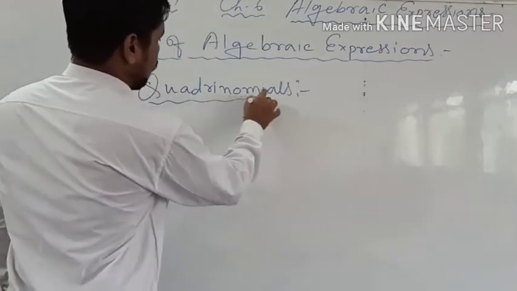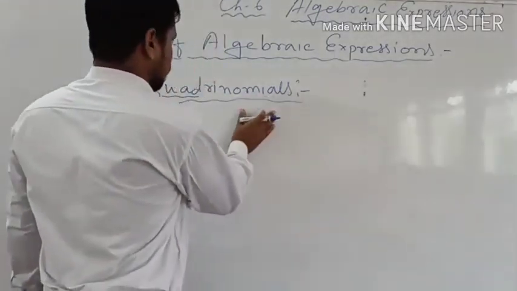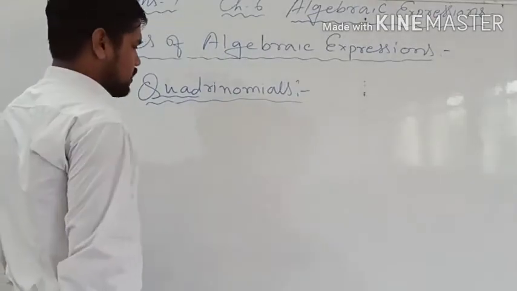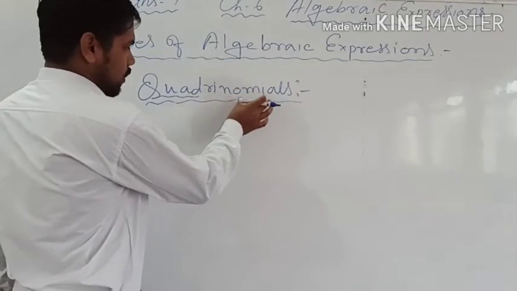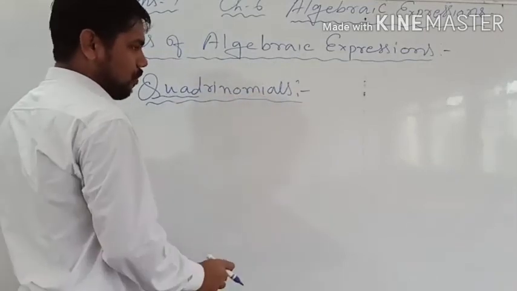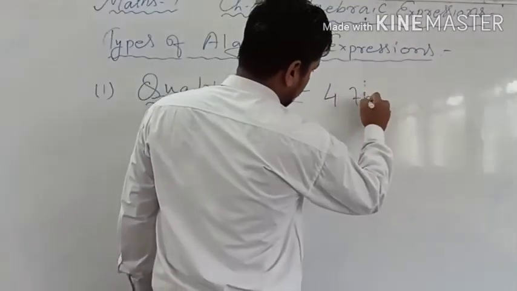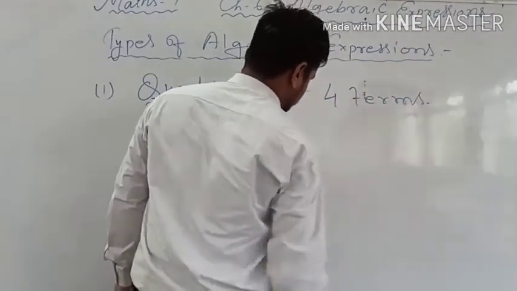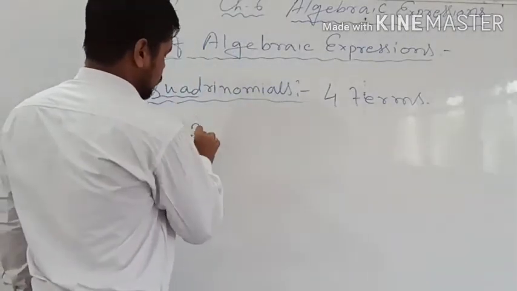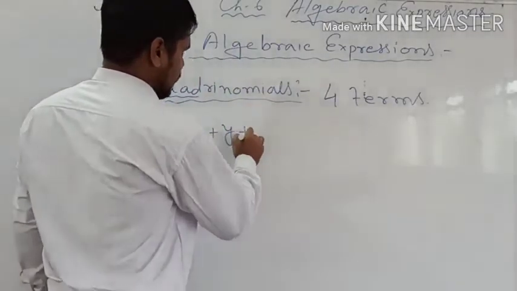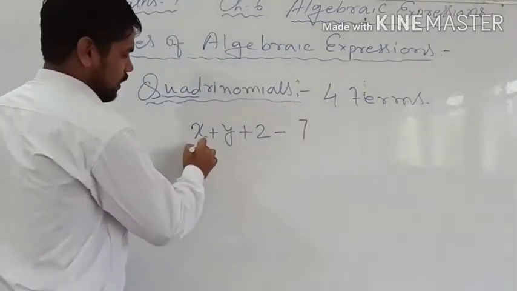So quadrinomials. Quad means four. This is for the algebraic expressions of four terms. It is a combination of four terms. So for example, you can take four terms as like suppose x plus y plus z minus 7. So here how many terms? Four terms.